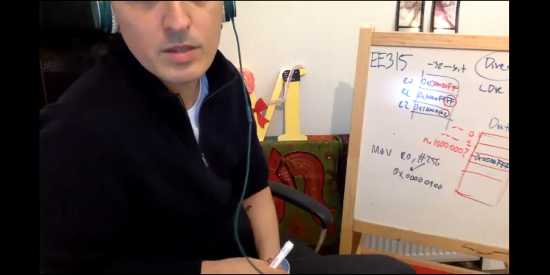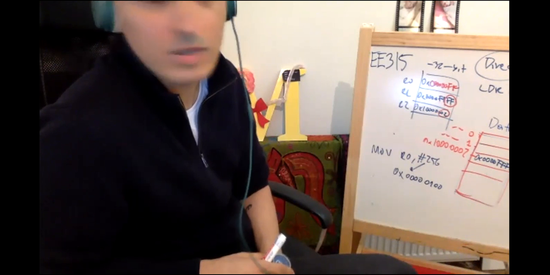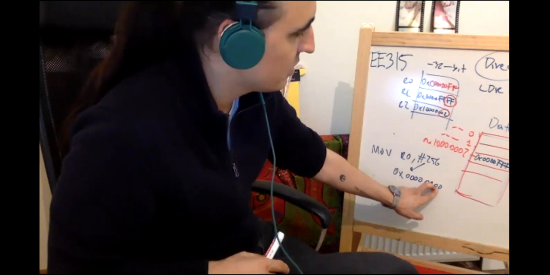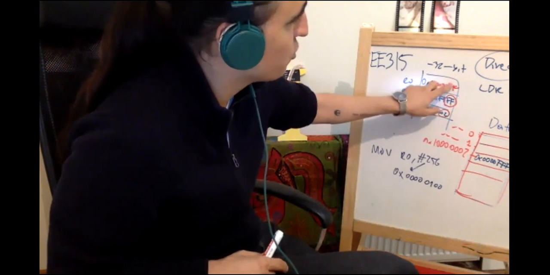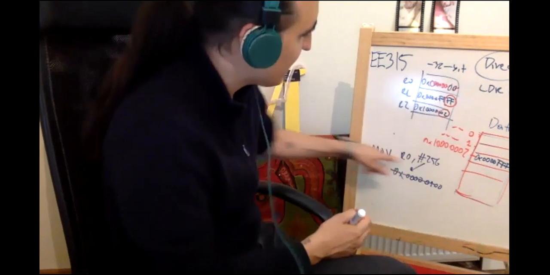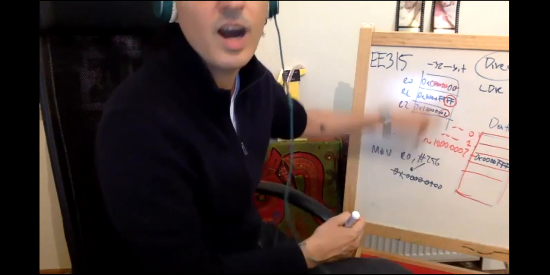What does this operation do? It gets these 2 bits, right? So in R0, I'm going to put 0, 0. Ignore these values and write zeros. So actually, when I say this instruction, R0 will be 0.